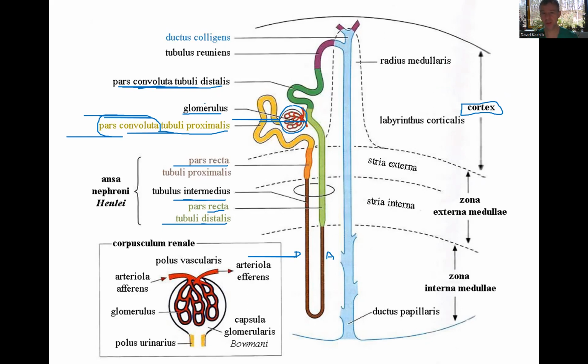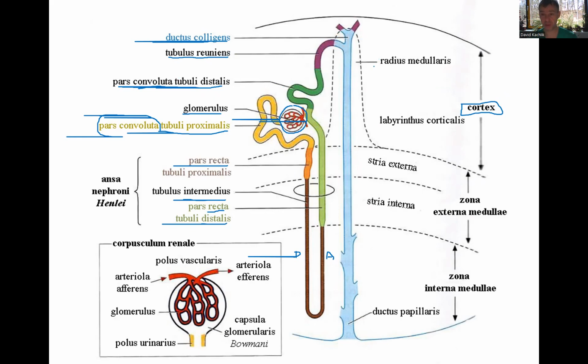Then finally, the distal tubule changes into a very small, very short connecting duct, which is called in Latin tubulus reuniens. And then these connecting tubules merge and they form collecting tubules.